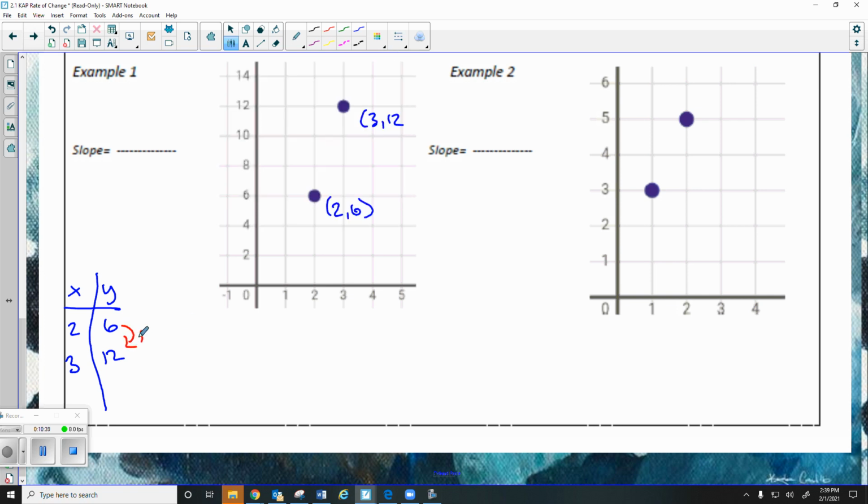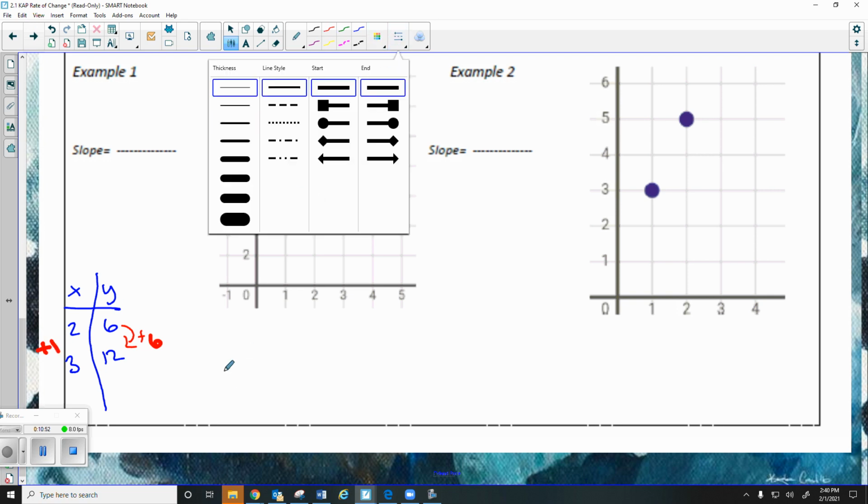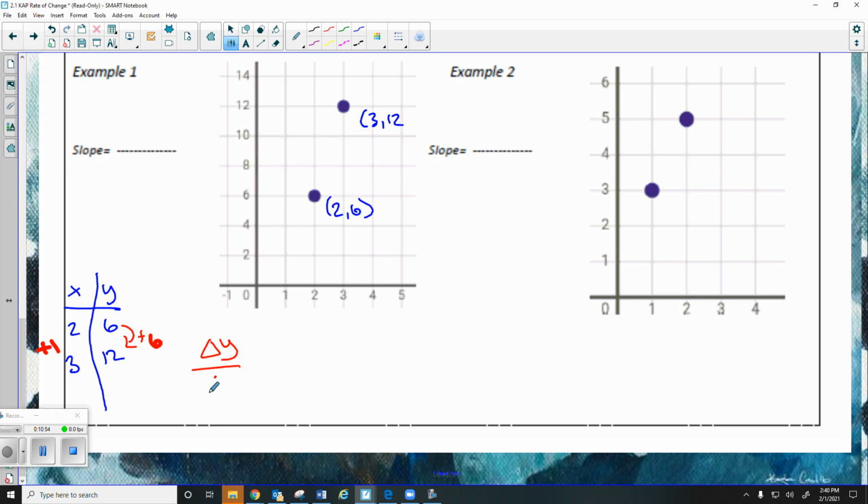This is plus 6. This was plus 1. Okay, finding that change in y over the change in x. That's 6 over 1, which simplifies to 6.